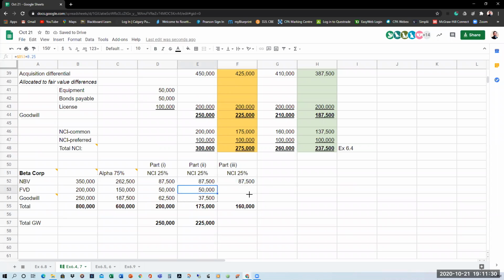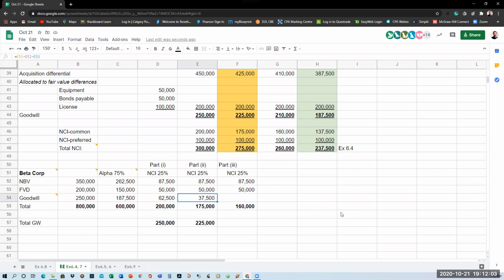It includes NCI's share of the fair value differences, which is $50,000. And then whatever it takes to make the value equal the total.